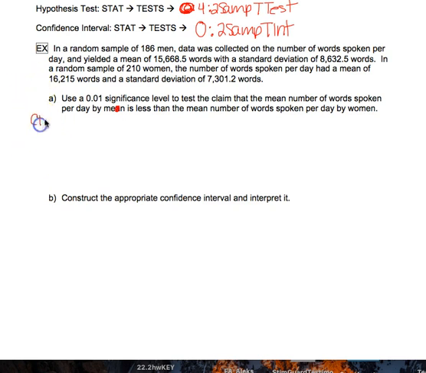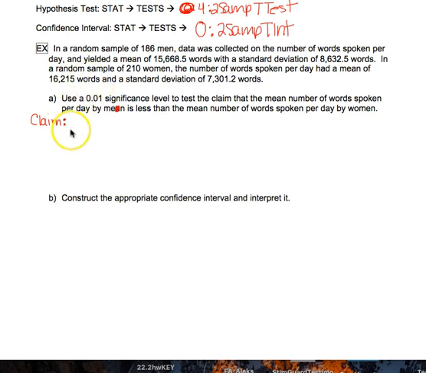So, first thing we always do is we write out the claim in symbolic form. Now, just like in section 9.1 where we had P1 and P2, in this case we're going to have mu1 and mu2.